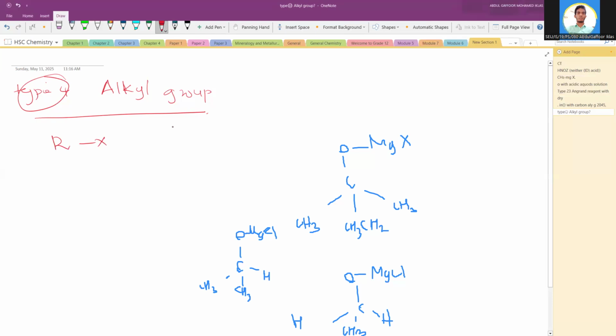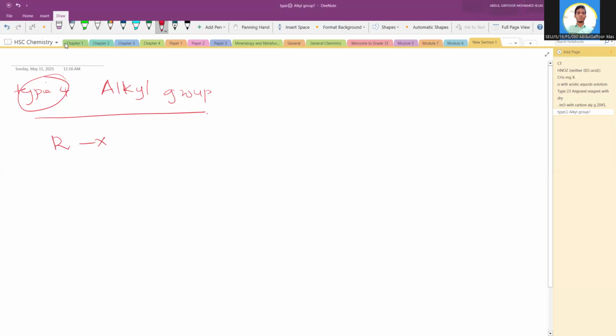So simply what we will have is instead of this Cl, for example, if I explain this using examples, can you erase these things? So if you have RX and you put this R dash MgCl, right? So let's say R dash X and we put RMgCl.